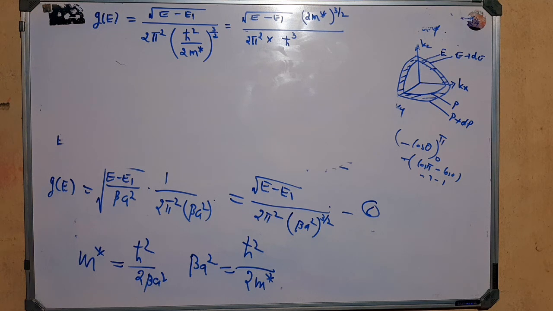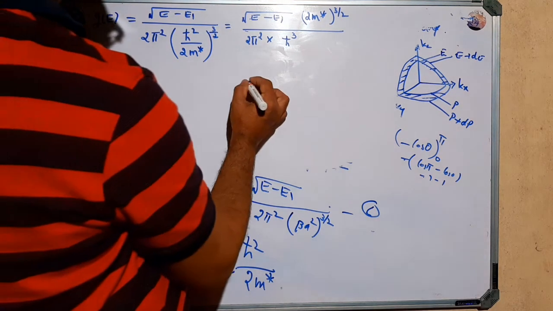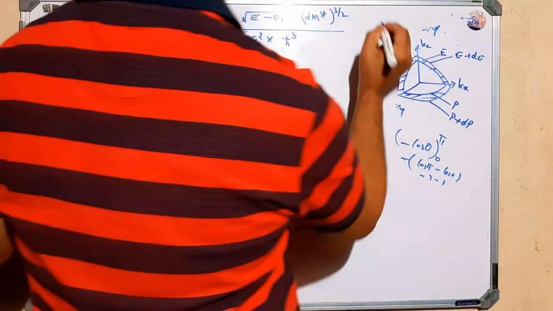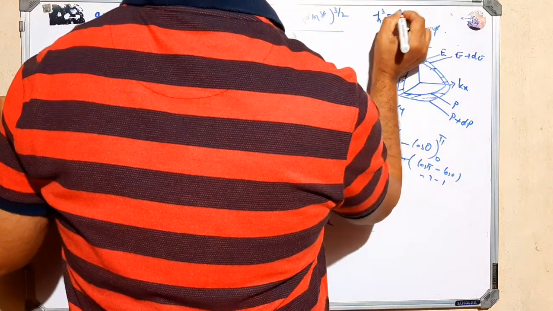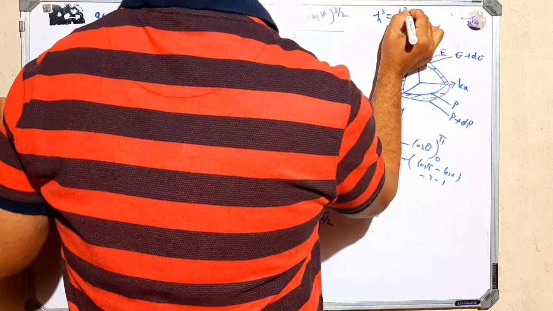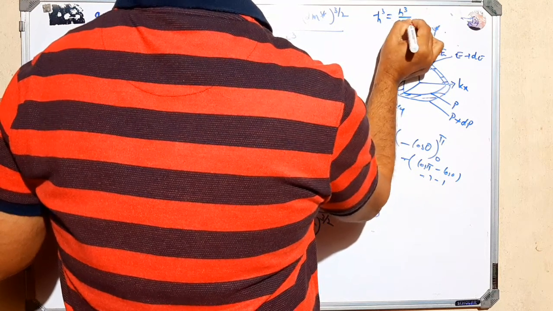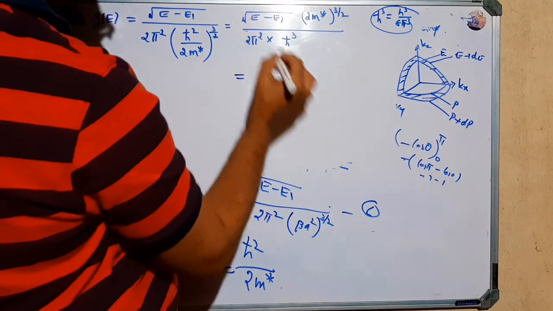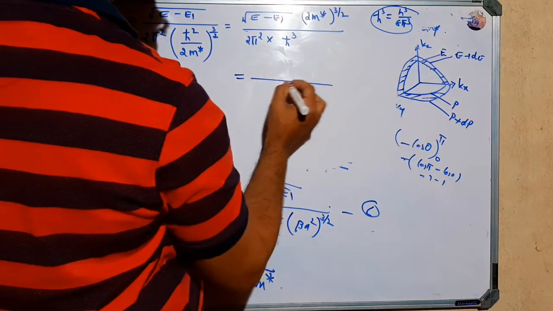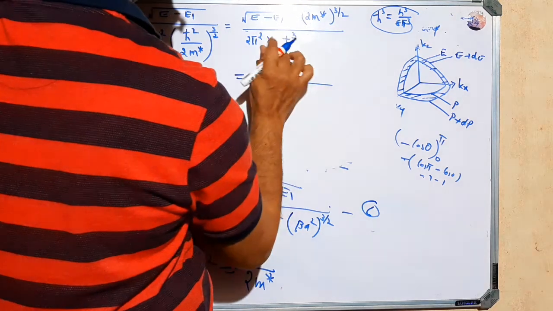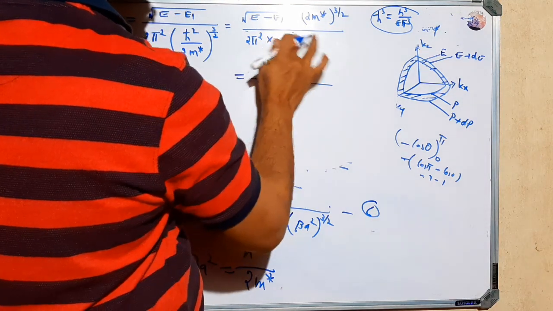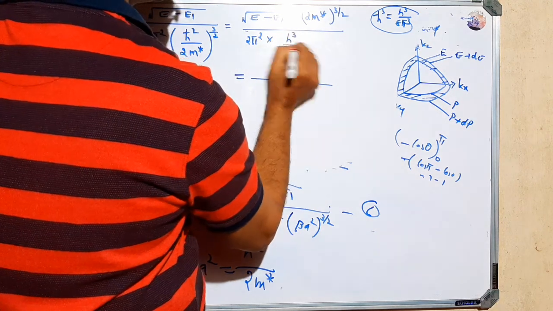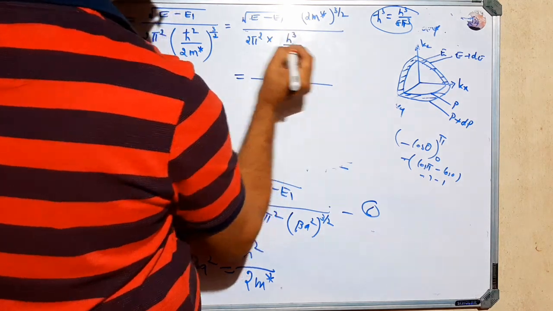So here what happens now? This becomes h cut cube. Means what? h cut cube means h cube divided by 8 pi cube, right? So h cube divided by 8 pi cube. Therefore, in the denominator what remains? See, I am replacing h cut cube by h cube divided by 8 pi cube.